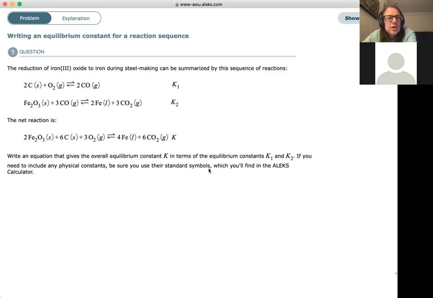So let's take a look at putting together what's actually happening in this problem.